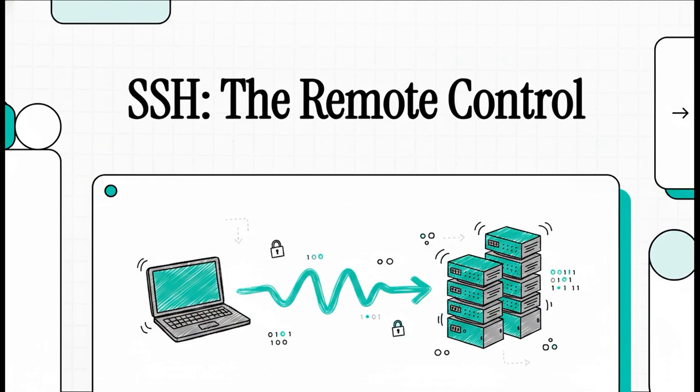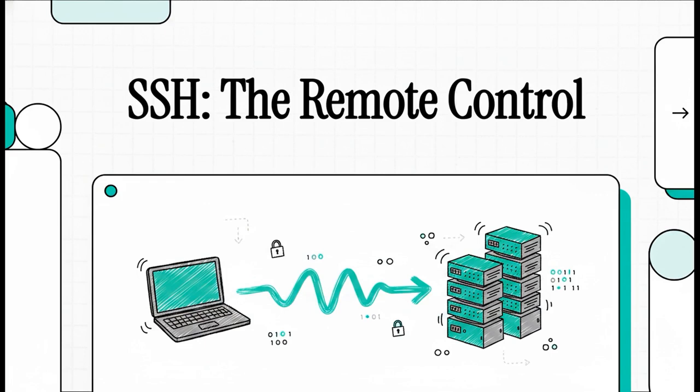Yeah, and so for today's deep dive, we are unpacking the specific mechanism that actually makes all of this possible. We're looking at a really dense, compact guide called SSH in 3 Minutes. Which is a fantastic breakdown, by the way. It really is. So our mission today is to unpack this specific tool, Secure Shell, or SSH, and really understand why it's considered the ultimate remote control for the entire Linux and cloud computing world.